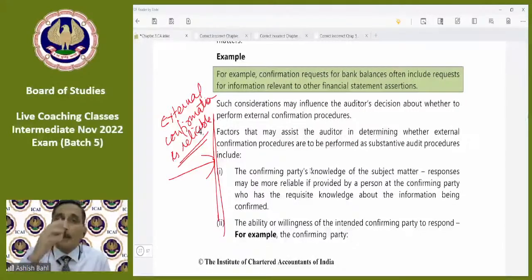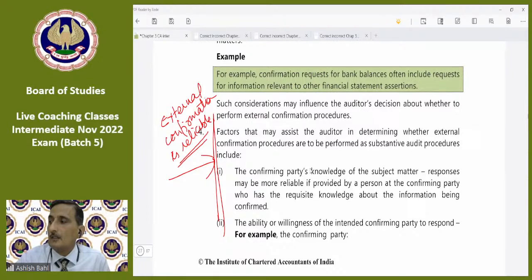Say like we take the example of the agreement. If I am sending confirmation to the relevant person who has got the knowledge of that agreement, then only I would be getting a proper response.